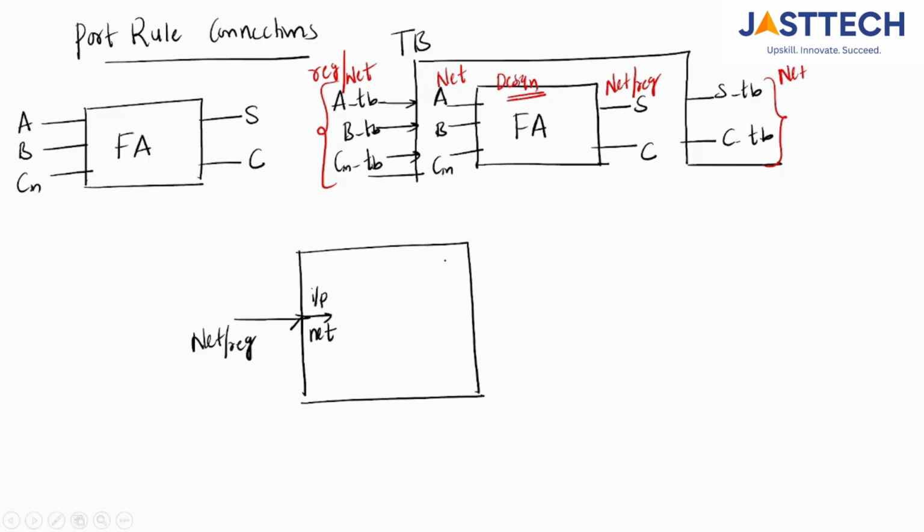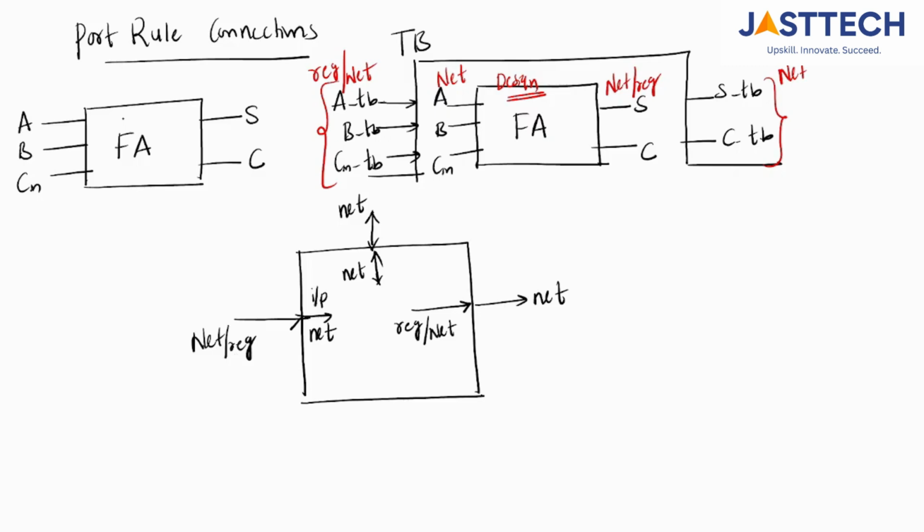There are also some inout ports. For inout ports, it should be net data type for the top module, and for the design it should also be net data type. And coming out from the design, it is reg or net data type, and the output should be net data type. So these port connections you need to consider.